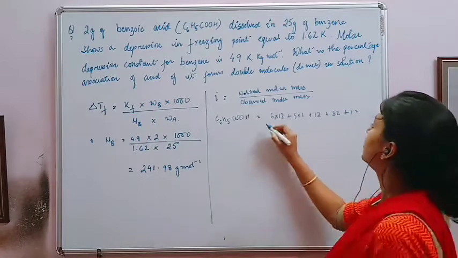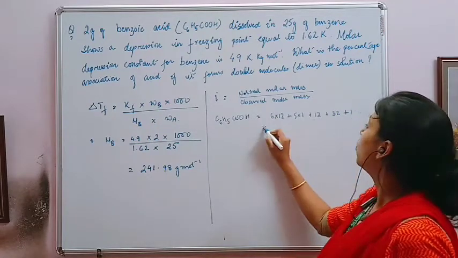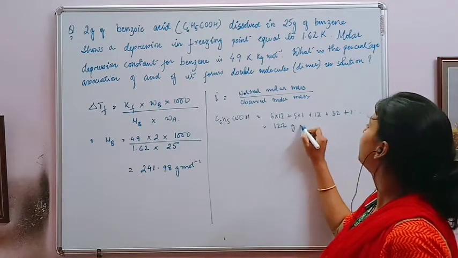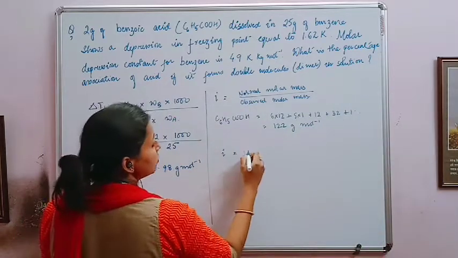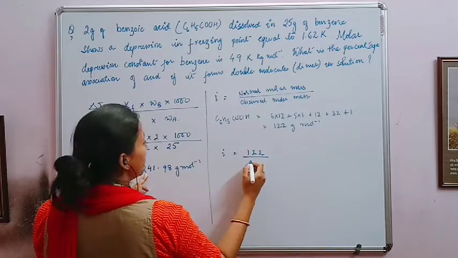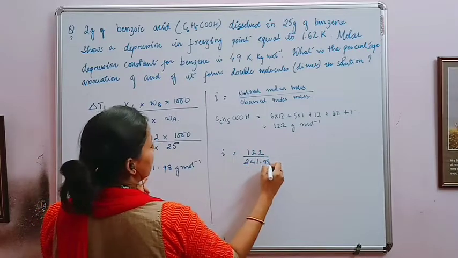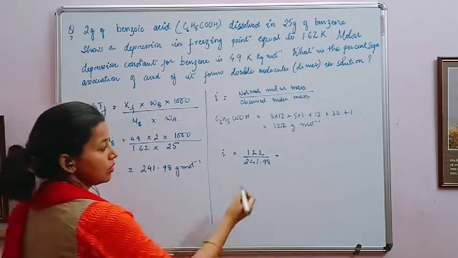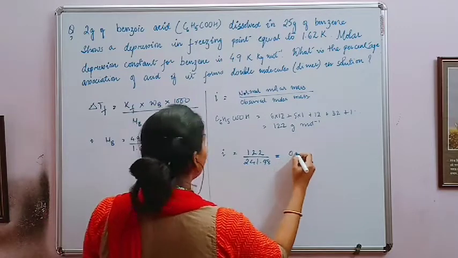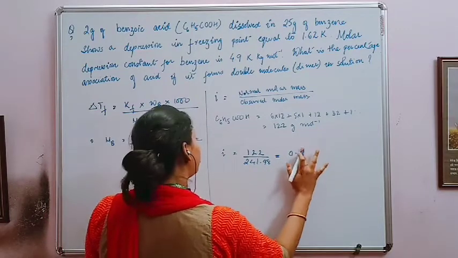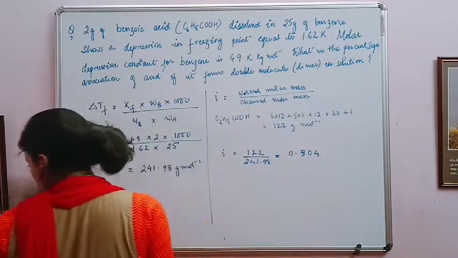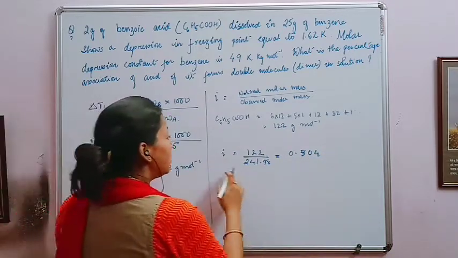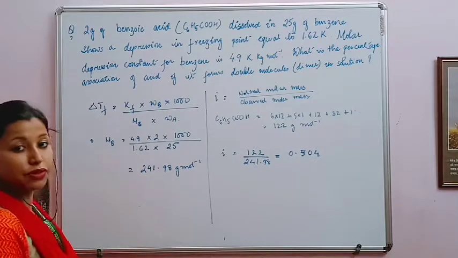This will sum up to 122 gram per mole. So i becomes 122 divided by 241.98. This on calculation will come to 0.504. So i is 0.504.